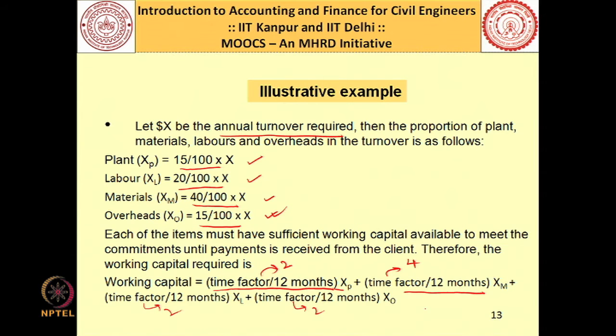So, I make correction, for this plant it would be instead of 2 months it is 1 month. So, what this becomes? This becomes 1 by 12 of XP plus 4 by 12 of XM plus 2 by 12 of XL plus 2 by 12 of XO overhead.